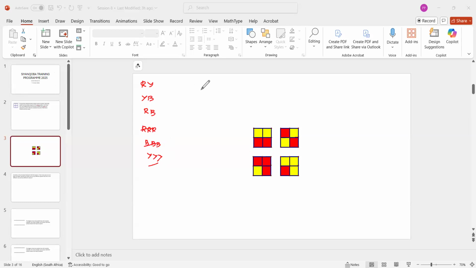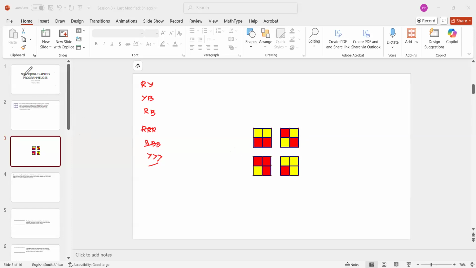Okay, suppose we use exactly 2 colors, and the 2 colors we choose are yellow and red. Now you can see in this picture here, there are only 4 ways of doing it. You can have the 2 horizontal, or you can have it like this, or 3 red and 1 yellow. But you must have at least 2 colors.